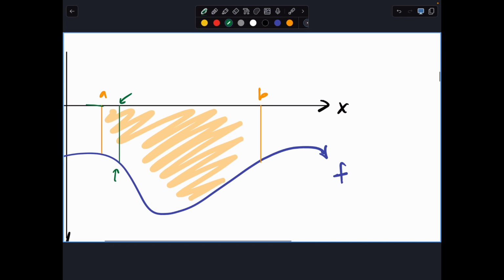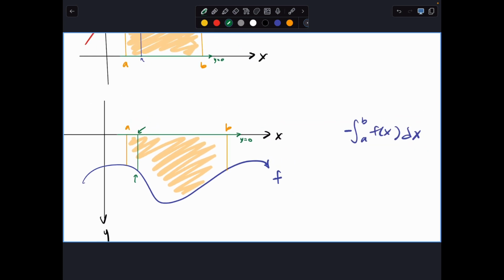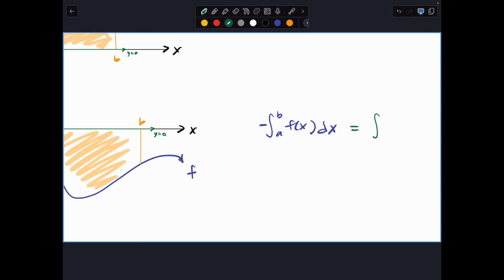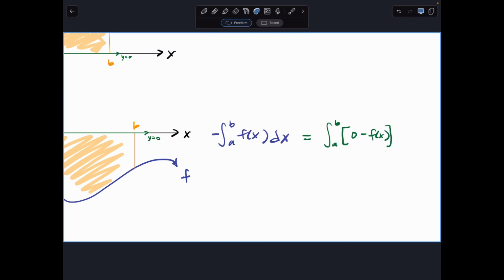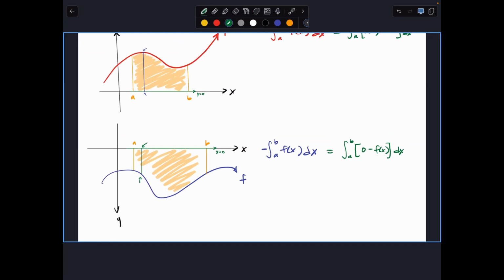Because we're thinking y equals 0. So another way to think about this would be integrating from a to b, 0 minus the bottom function. And then it would end up representing the same thing.